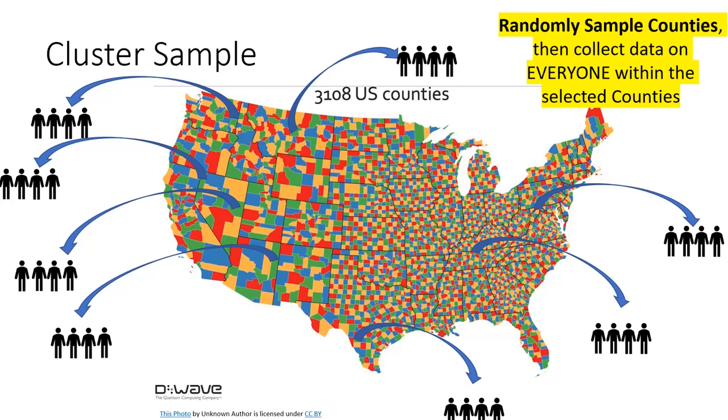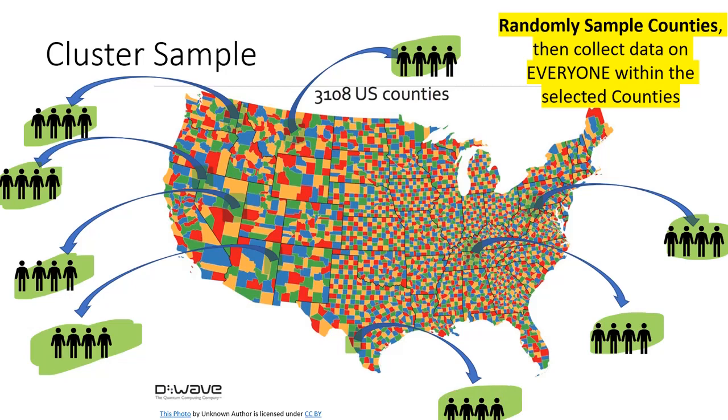I'm not going to collect data on every county. Say I'll collect data on just the green counties here, the ones that are marked in green. So I will randomly select which counties, and then I'll collect data on every person in that county. Every person in the cluster will be asked whether or not they have had COVID-19.